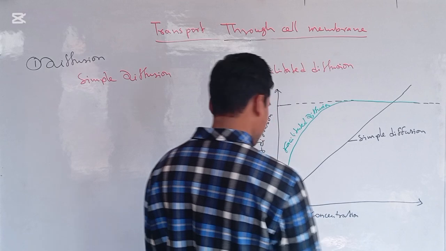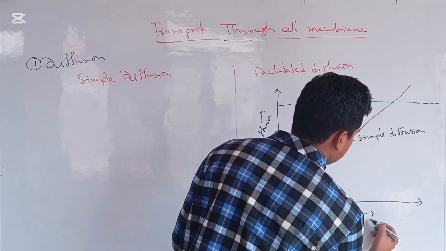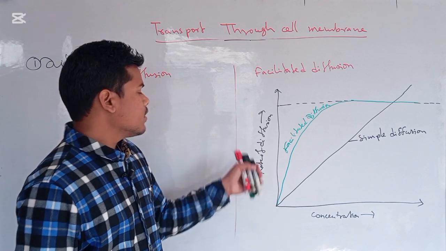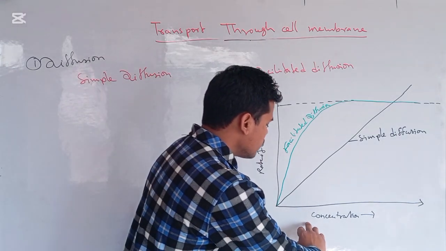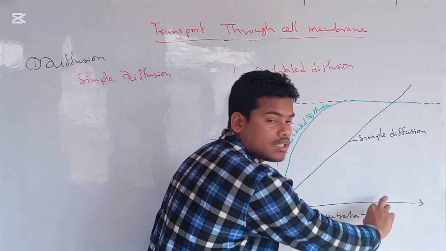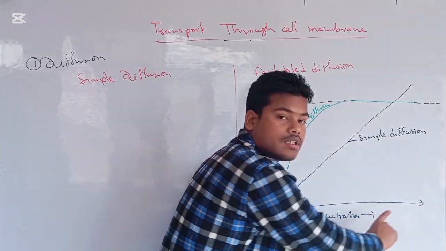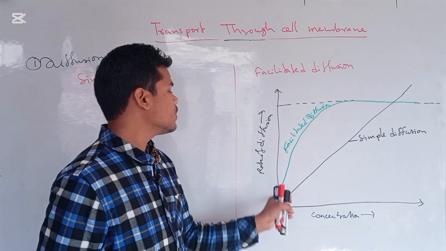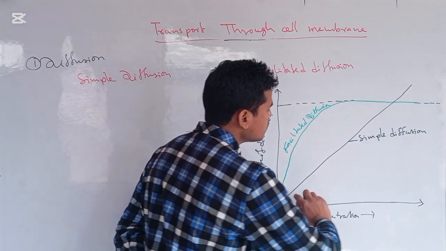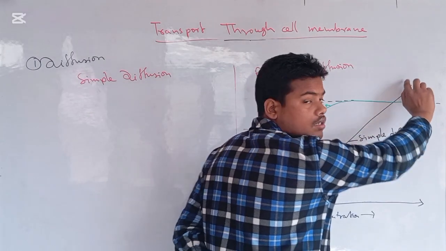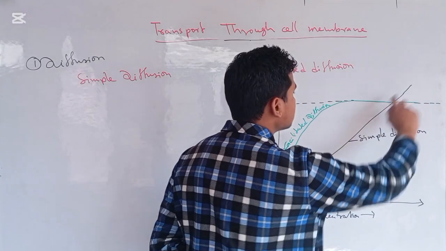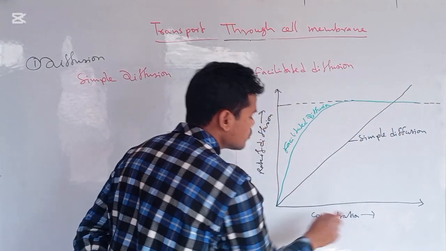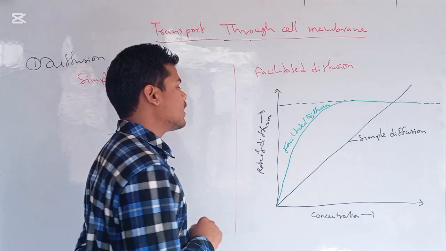Please notice in the graph that as the concentration is increasing, the rate of simple diffusion is also increasing in a linear direction, according to the concentration gradient.